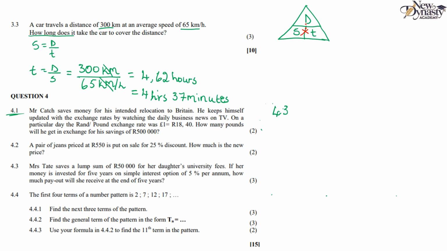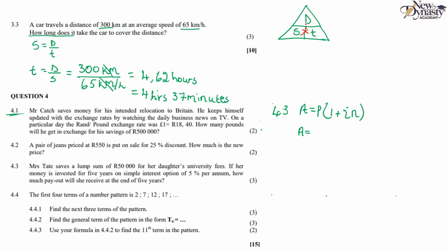The formula is A equals P(1 plus in). That is the formula that we use. So we are calculating the accumulated amount, that is A, the amount that is going to be in the money after a particular period, which is 5 years in this case.